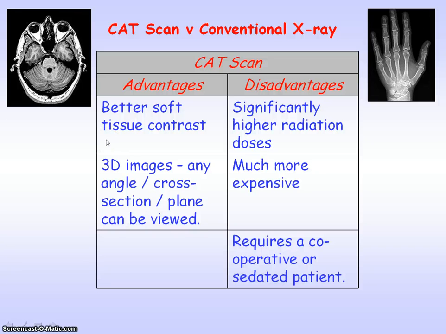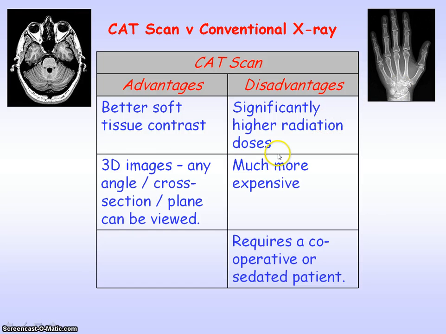CAT scans have a much better soft tissue contrast than conventional X-ray imaging. Also, 3D images are possible with CAT scans, so you can view at any angle or cross-section, unlike conventional X-ray imaging.